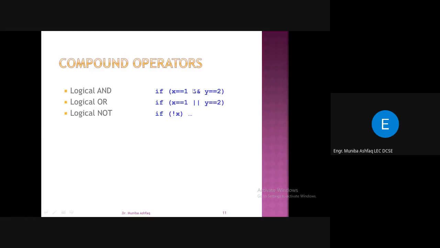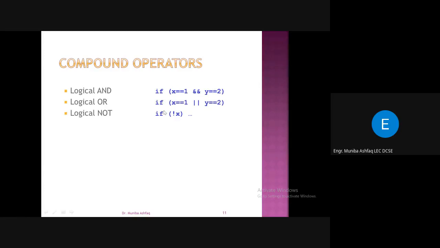So what is the logic of and? If both operands are 1, then its result is true, otherwise it's false. So if this Boolean expression results in true, and this Boolean expression results in true, then true and true becomes true, right?